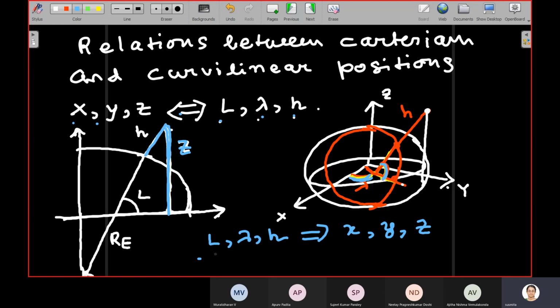Okay? Any question? Anything that you did not understand and want me to clarify again? So you understood the last homework problem? You can visualize latitude, longitude and height.